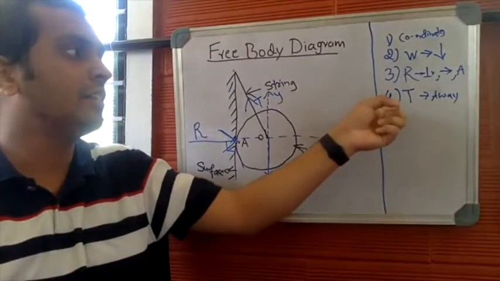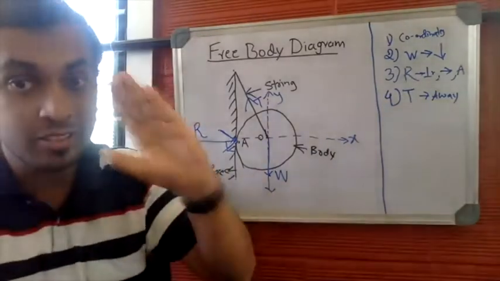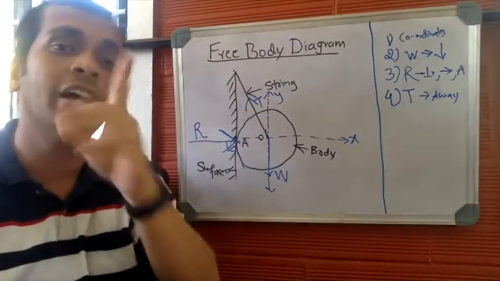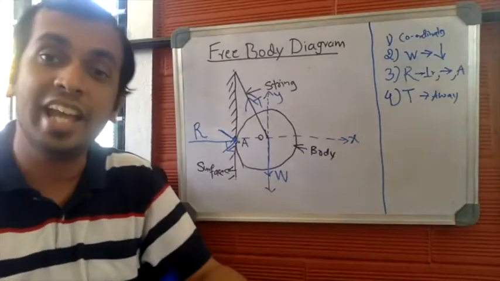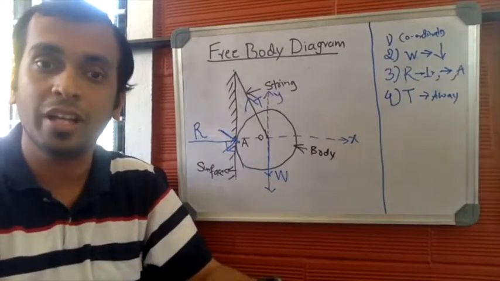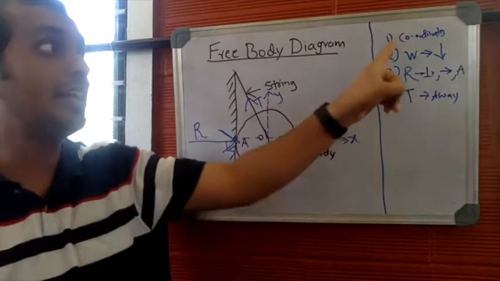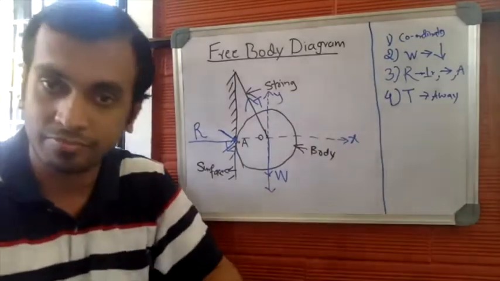And in step number 4, you will be marking the tension through the string, and tension will always be marked away from the body. These are the 3 hidden forces which you're supposed to mark. If you have external forces, they will be directly given in the problem.